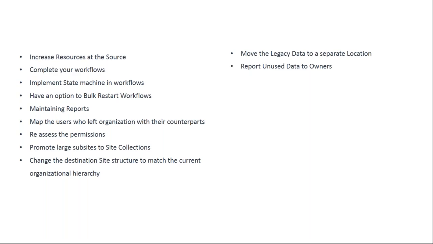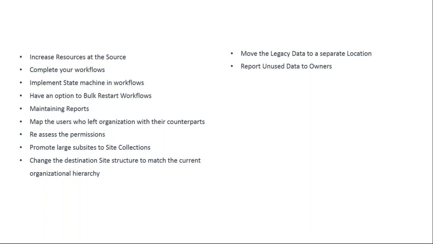My third point, implementing state machine workflows, is actually a continuation of the second point. In case you feel that your user base is too huge, and there is not enough control that you can exercise on all of them to get them to complete the workflows, and especially if you see the migration coming at least 3 months in advance, it's always better to have the workflows modified and include a state machine in them, so that when the migration happens, even if the workflows restart, you are restarting them in a state where the users can continue without much fuss.